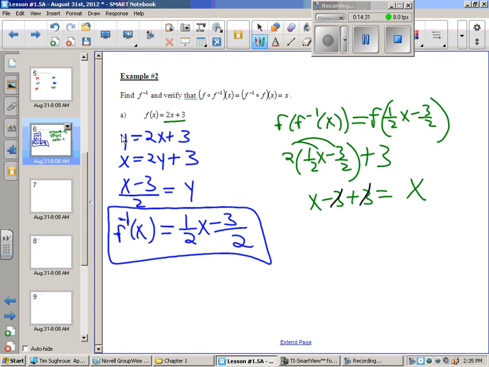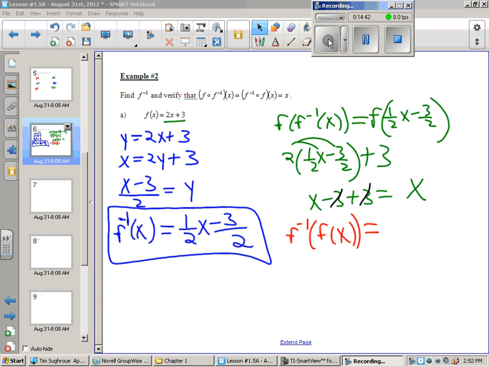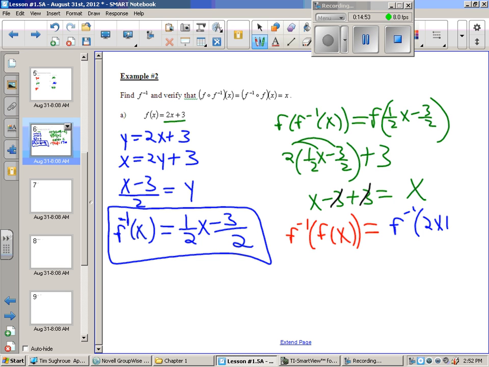So now you have to do the second composite, which is f negative 1 of f of x. Take x. If we put everything through this way, the inverse of f of x, take x, plug it into the f function, and 2x plus 3 gets kicked out.